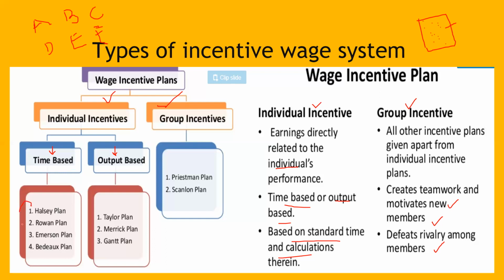Here each of them has considered their own factors based on which they are suggesting what kind of incentive plan an organization could have. Output-based people are suggesting that incentives should be paid based on the output, that is the productivity level of an individual. If the person is producing more in a given time, then the person should be paid more. This is how individual incentives have been classified, based on time and output.